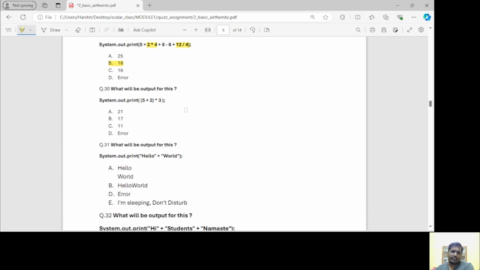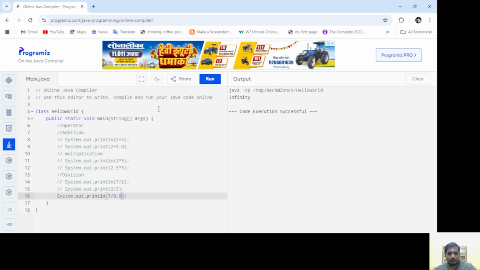Check it very carefully. We will see on this terminal. Okay.